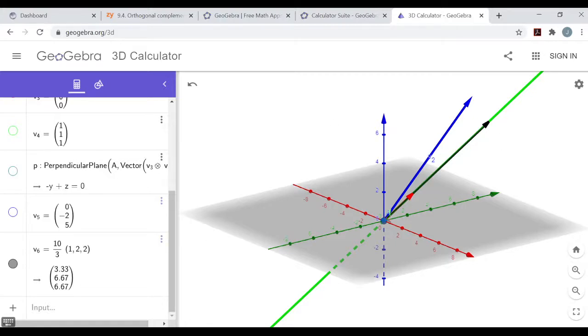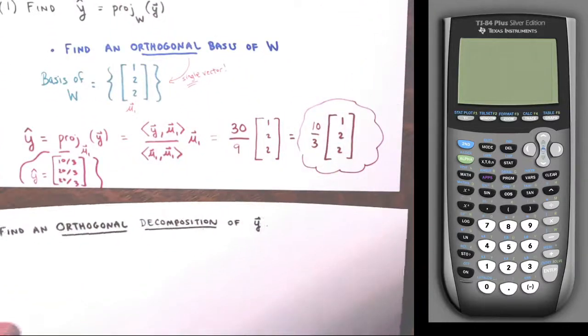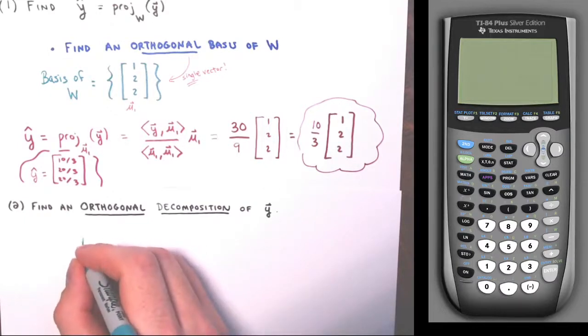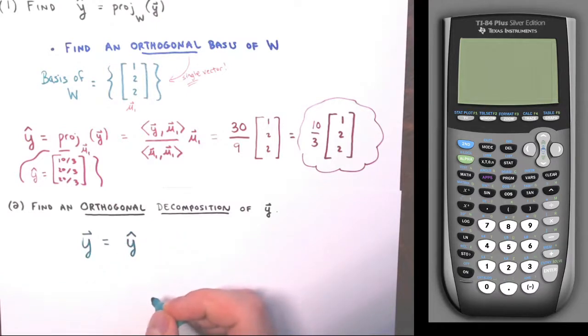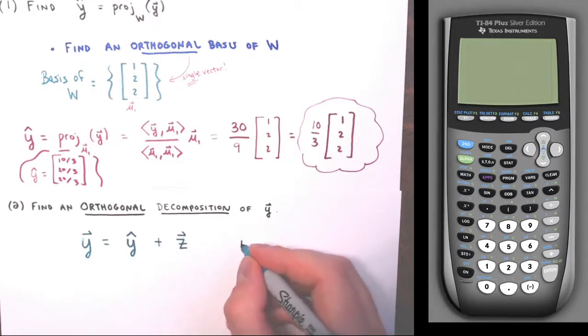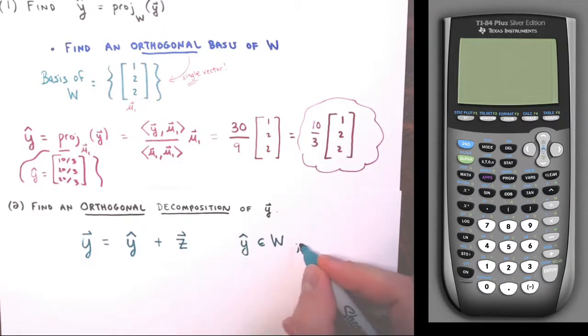So let's go back and do that now. What I'm asked to do is find an orthogonal decomposition of y, meaning I wish to write y as a vector from the subspace w, that was y hat, that projection vector, plus an orthogonal vector z, where y hat belongs to the span of 1, 2, 2, and z belongs to the orthogonal complement of w.